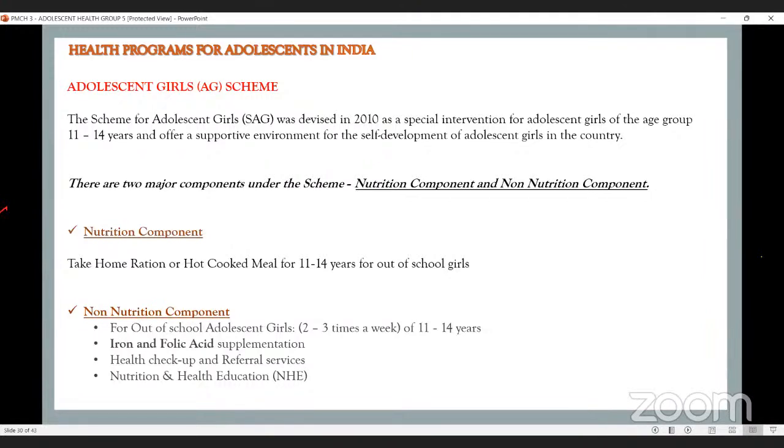They were provided with iron and folic acid supplementation, health checkup and referral services, nutrition and health education, counseling, guidance on family welfare, life skill education, and accessing public health services.